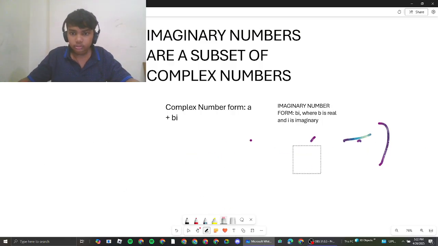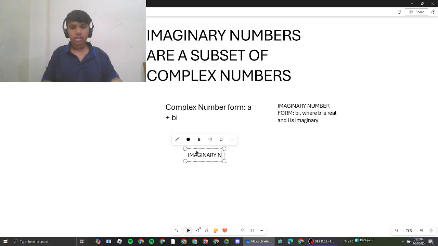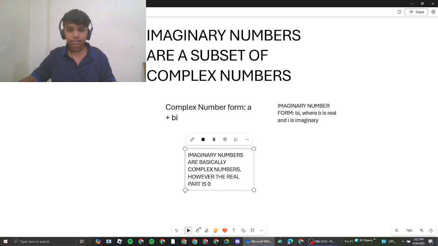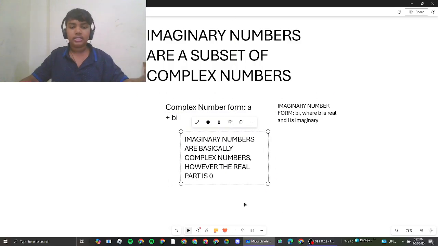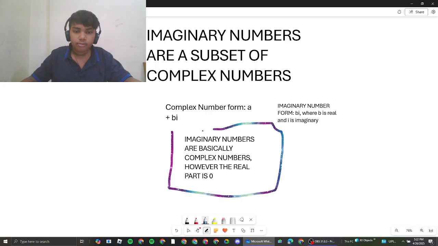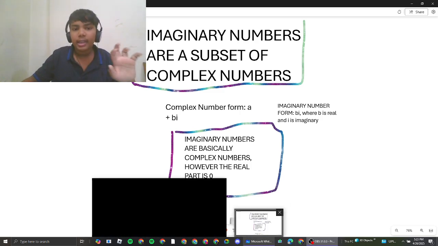Okay, so what I'm saying is that imaginary numbers are basically complex numbers. However, the real part is 0. Keep this in mind, that they are basically the same thing, but the form is 0. And yeah, imaginary numbers are a subset of complex numbers because complex numbers have a real part and an imaginary part.